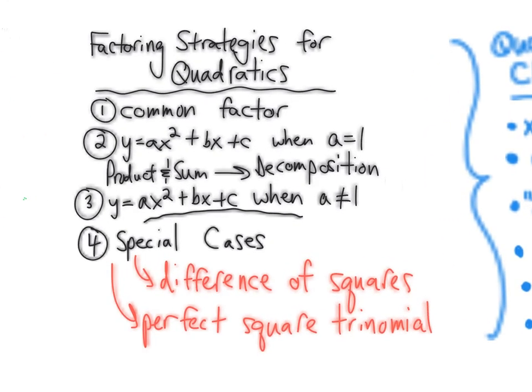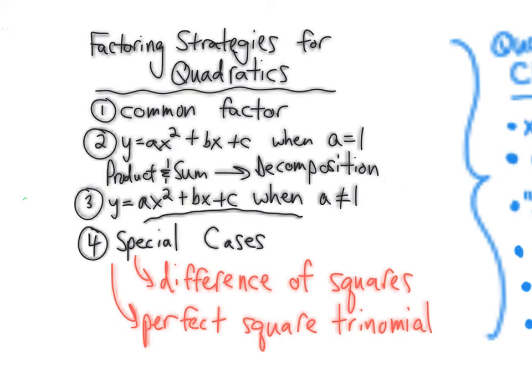Okay, so in general, what are all the strategies for factoring quadratics? All the strategies. Common factoring is always your first approach. Then when a is 1 and you have a trinomial, either use the decomposition method from a previous video or this more efficient technique in this video of product and sum, working towards decomposition. And then strategy 3, when a is not 1, you'll notice that this technique doesn't change. It's the same technique.